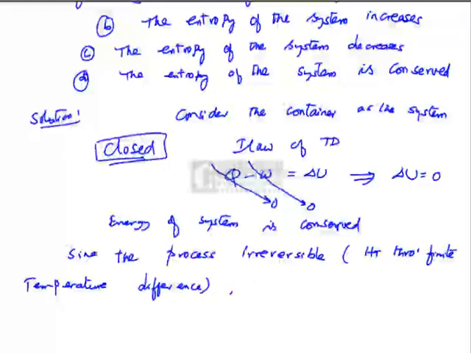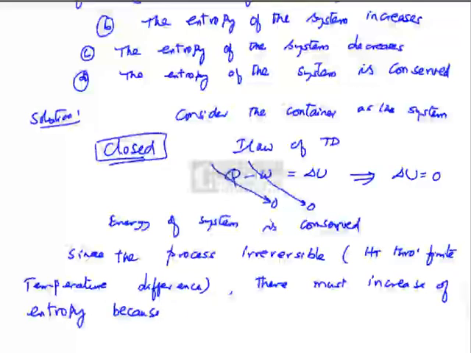Since the process is irreversible, there must be an increase of entropy because the system is adiabatic.